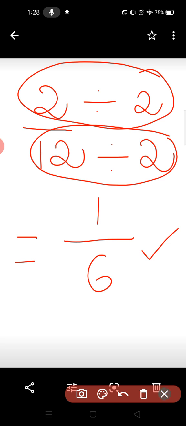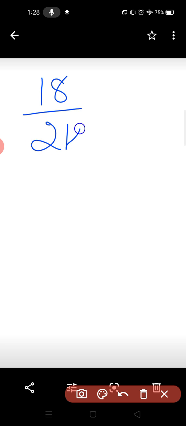I am taking one more example. For example, take 18 by 24. So 18 by 24 is not in simplest form or lowest form, because we have common factors for 18 and 24 other than 1.